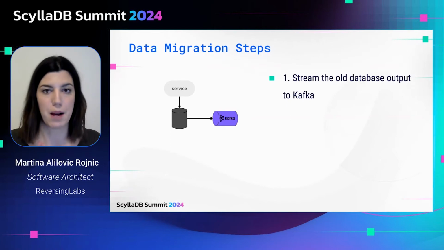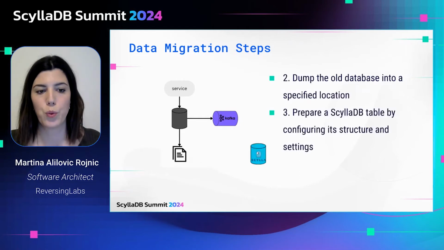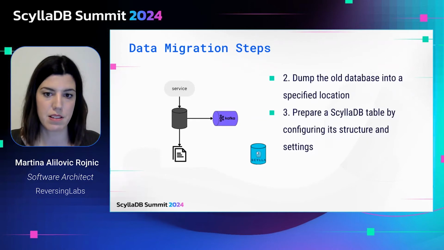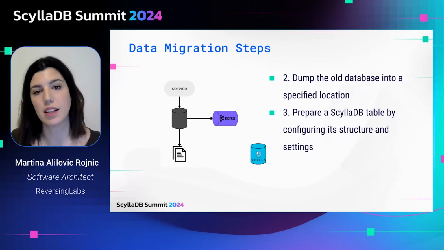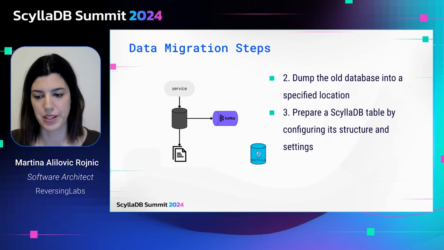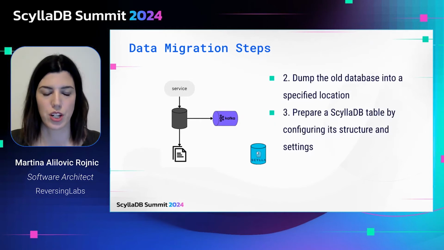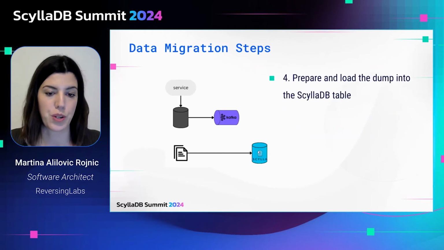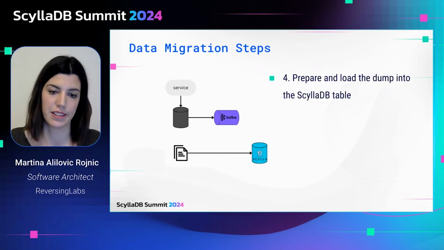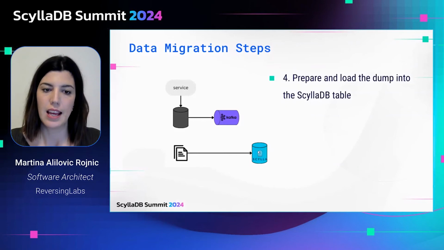After the streaming pipeline was established, we then dumped the old database and prepared a Scylla table, a Scylla database with its new configuration and structure. And after that, we loaded the data. Of course, we changed the model, and then we loaded it into Scylla.